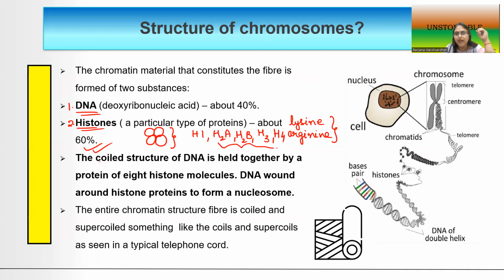H2A, H2B, H3 and H4 form an octamer of two subunits each. That is a unit comprising 8 small units inside it, formed by the H2A, H2B, H3 and H4 subunits.